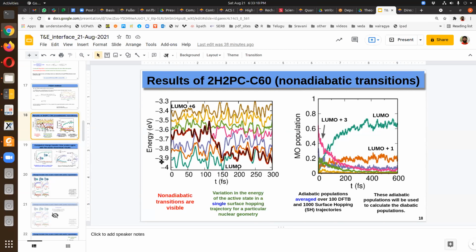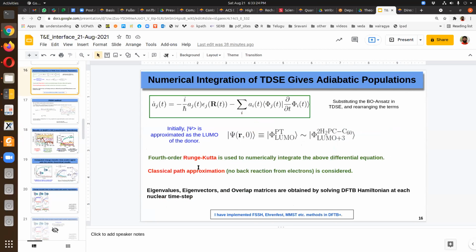I have one small question; maybe we can discuss further offline. On slide number 16, you are showing an initial condition of I as 0 equal to LUMO. Why is this donor LUMO important? Because when it is donating, I suppose it is from the HOMO, right?